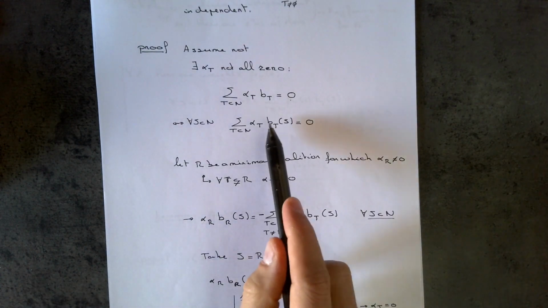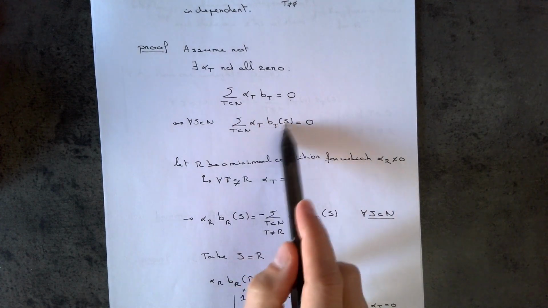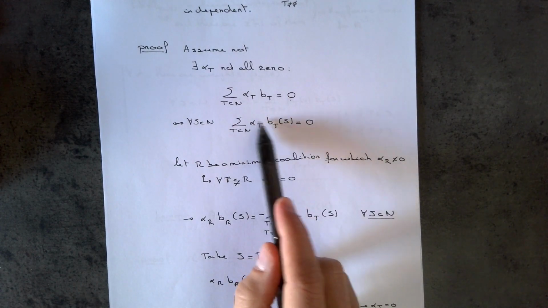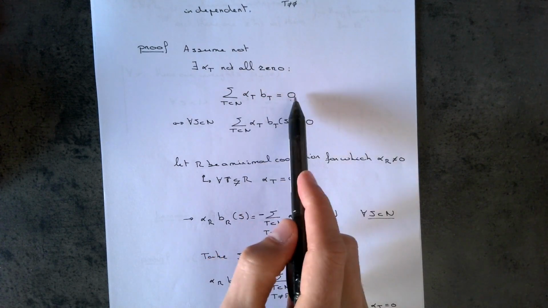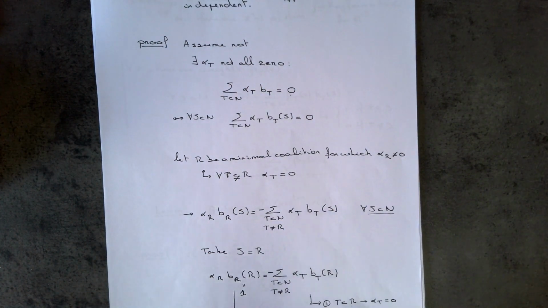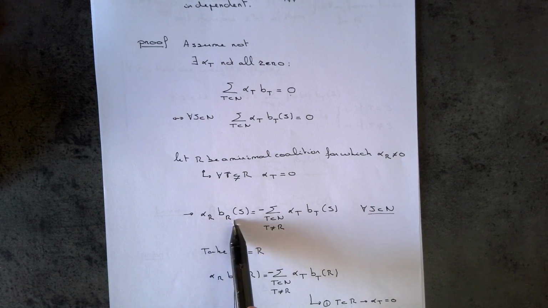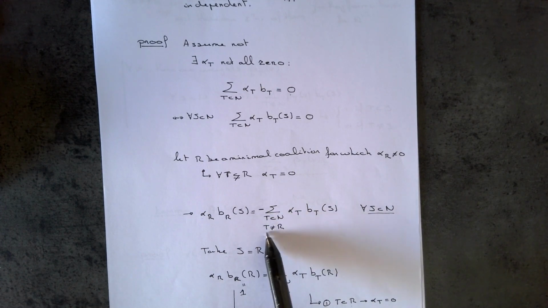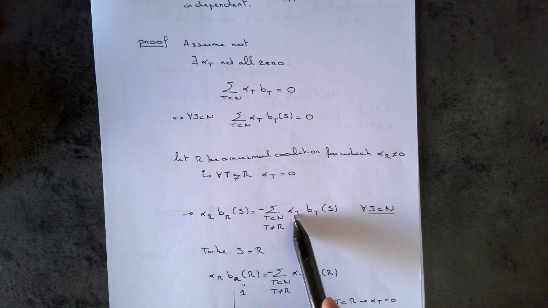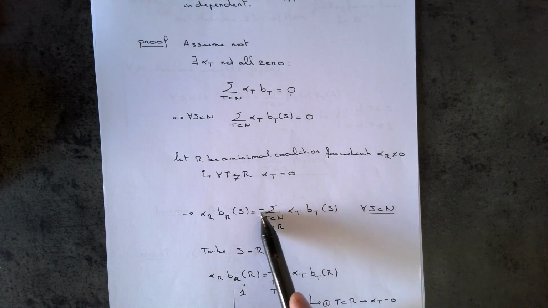So what are we going to do? We're going to take alpha_R B_R(S) to one side of the equation and put all the other terms on the other side of the equation, which gives alpha_R B_R(S) equal to minus the sum over all subsets T that are different from R of alpha_T B_T(S), with the minus sign here.